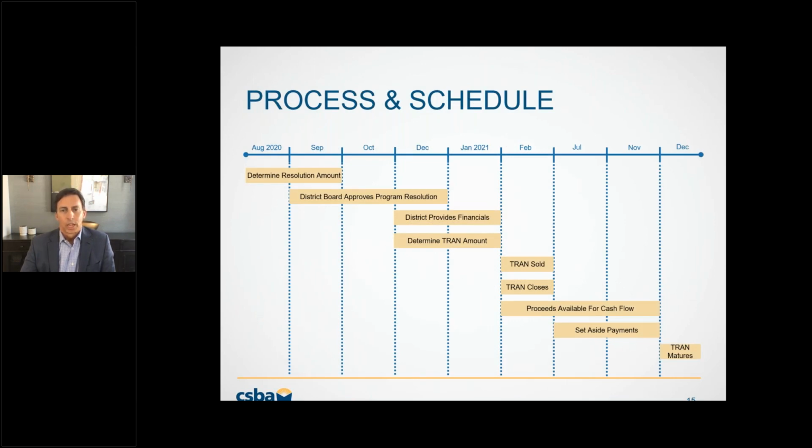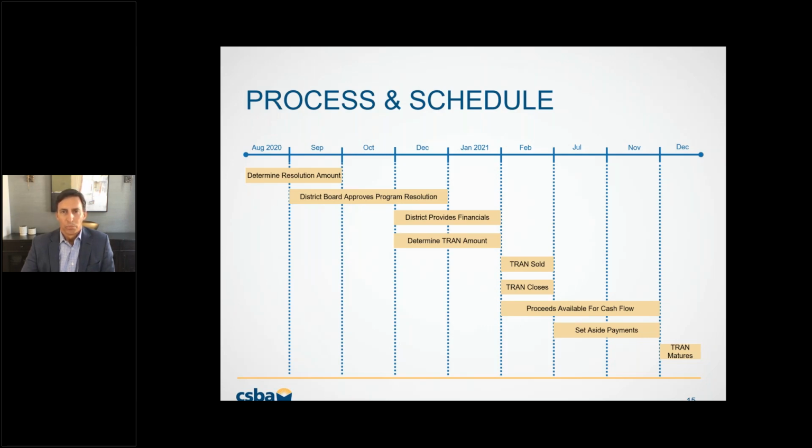So a little bit about the timing and process. If we're thinking about having a TRAN in place end of February, beginning of March to be able to cover the deferrals, we're really going to start that process here in August and September, where we look at districts' preliminary cash flow projections to come up with what is that maximum amount we might need to finance, so that we can prepare a resolution that districts can take to their boards sometime in that September to December timeframe.